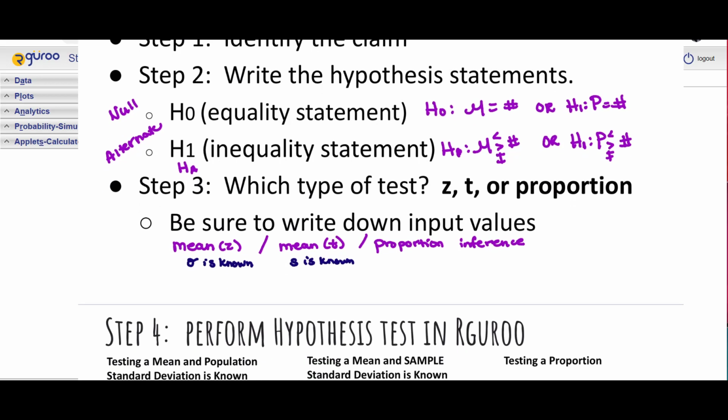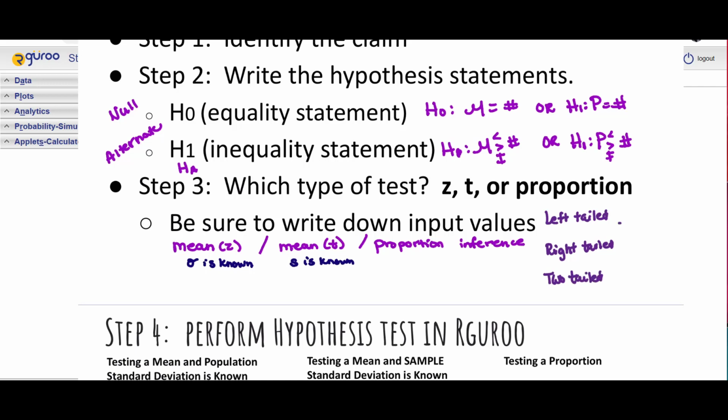The other thing with type of test is left-tailed, right-tailed, and two-tailed. So let's just draw an illustration of what each of those look like. Left-tailed, right-tailed, and two-tailed.